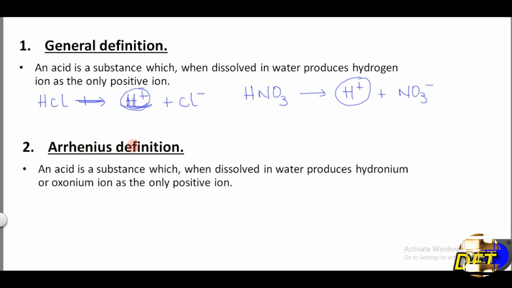Another definition of an acid is according to Arrhenius, right? He defined an acid as a substance which, when dissolved in water, produces hydronium ion or oxonium ion as the only positive ion. So when an acid like hydrochloric acid dissolves in water, it produces hydronium ion, H3O+, and chloride ion.